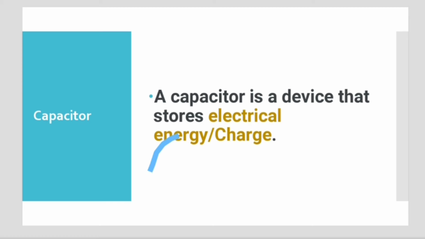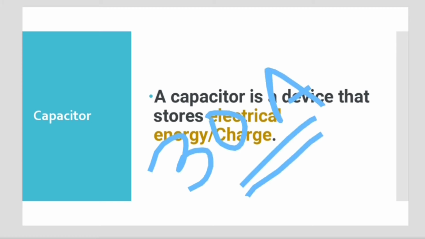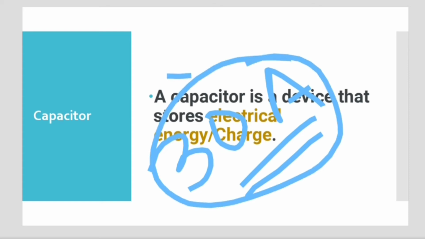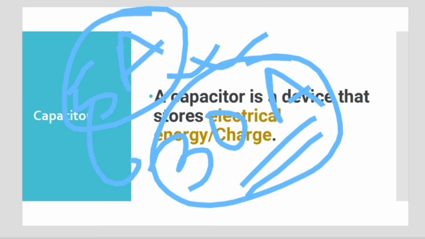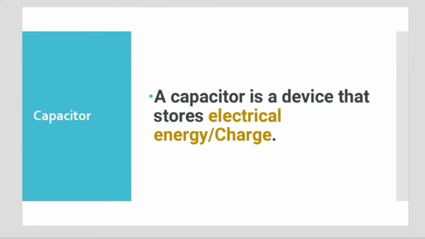So approximately if you need 30 ampere or more than that, then you have to use capacitor. Only this much charge can be held by capacitor, not by a battery. A battery can hold mostly 5 ampere, not more than that. So 5 or 6 times we need. If you need that much quantity of electrical current, then you must have capacitor.